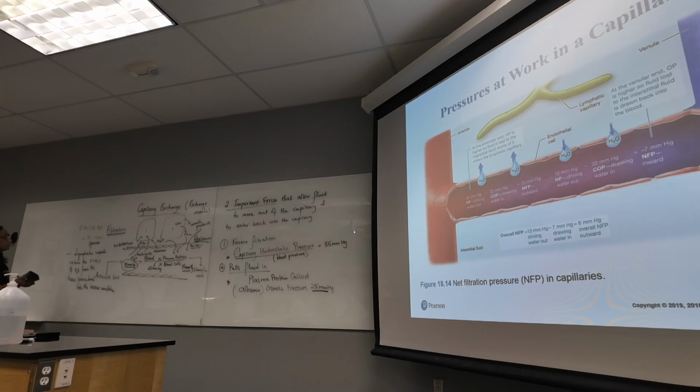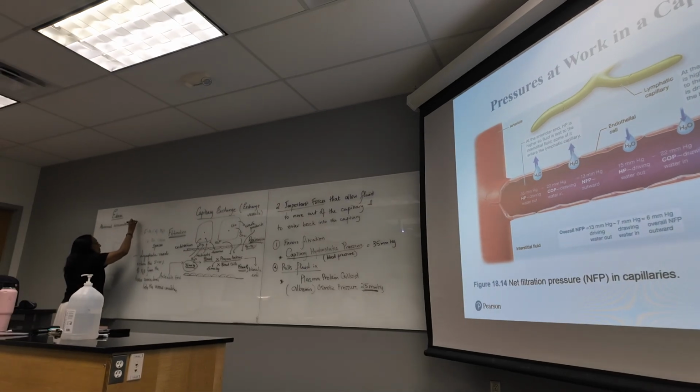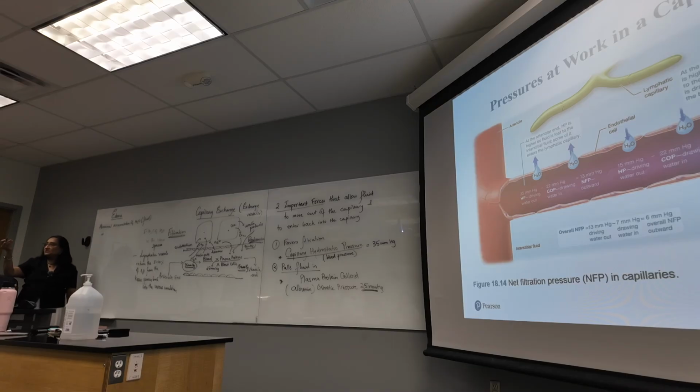So let's see. And we did talk about edema when we were talking about the heart as well. How do you define edema? Edema is abnormal accumulation of water or fluid, more correct would be fluid, because it's not pure water, it is water mixed with salts.